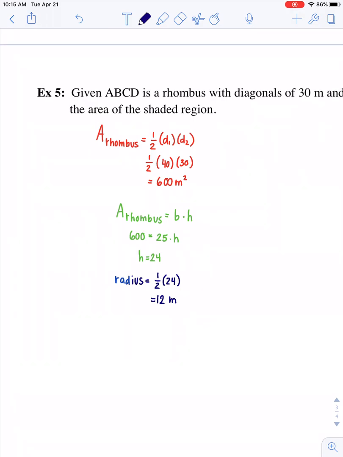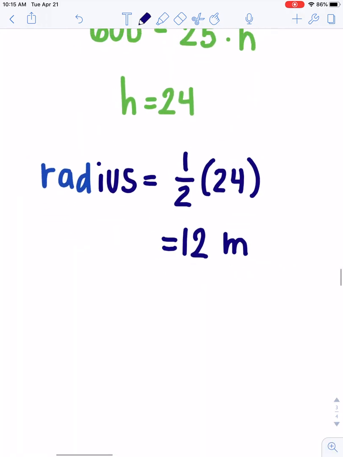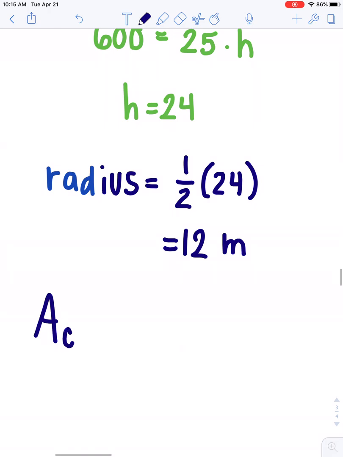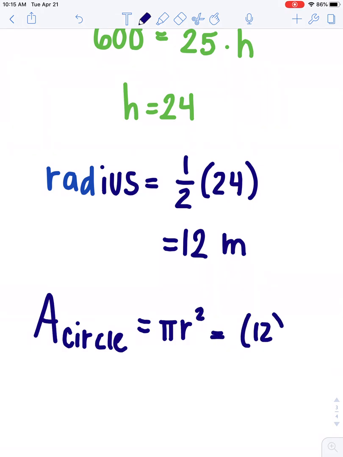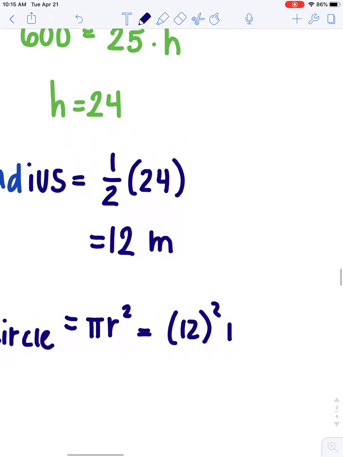We now can find the area of our circle. So area of our circle, remember that equation is pi r squared, which in this case will be 12 squared times pi, which will simplify to be 144 pi.